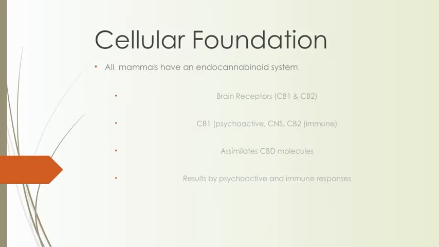CB1 has been identified as the receptor that is responsible for the psychoactive component of THC, has effect on the central nervous system, whereas CB2 receptors have effect on the immune system. These receptors assimilate the CBD molecules, which results in the psychoactive and immune response. So psychoactive, again, is the CB1 receptor, and CB2 receptors are the immune response.